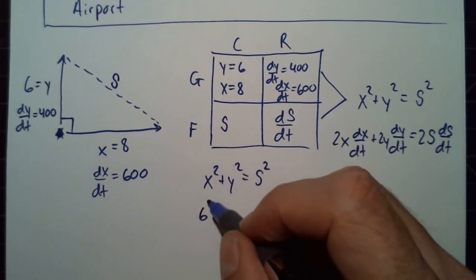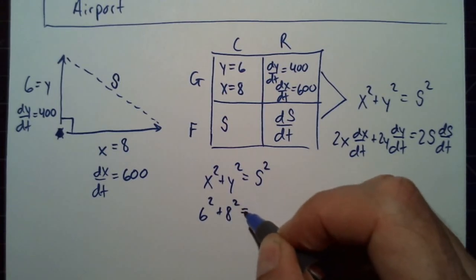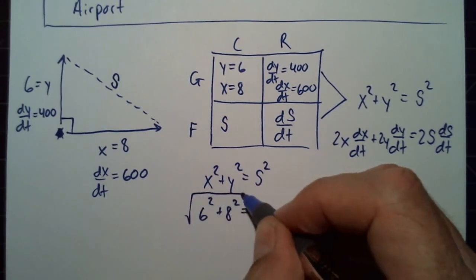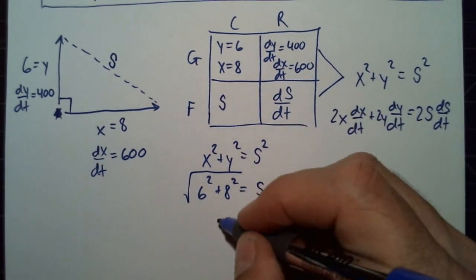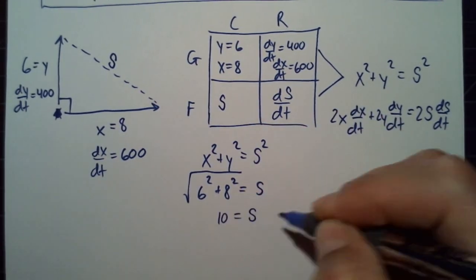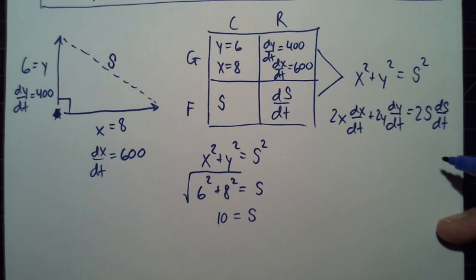And we have 6 squared plus 8 squared equals s squared, square root of that. So that's going to be 10 equals s. Now we have a number for s.